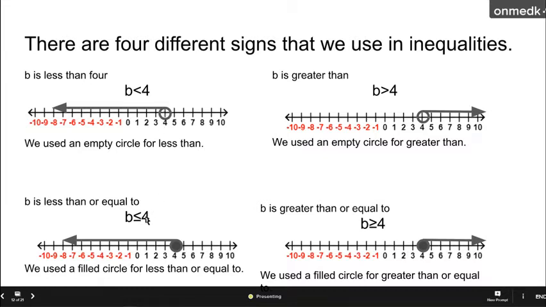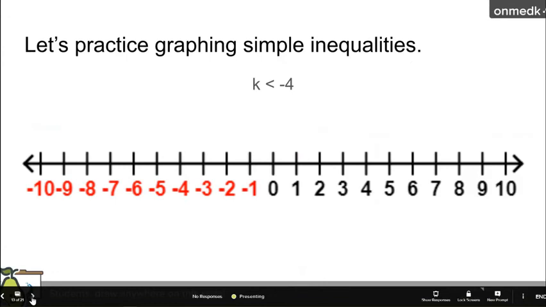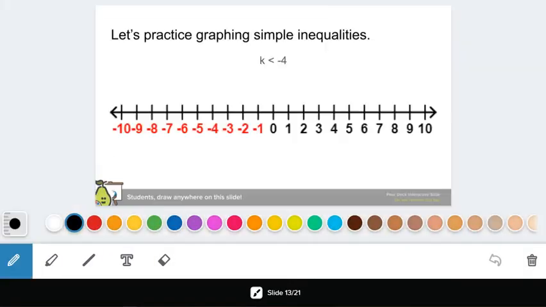So you can connect that when you see this line underneath, your circle is going to be filled in. When there is no line, your circle is going to be empty. You will have the opportunity to practice how to graph some of these inequalities.